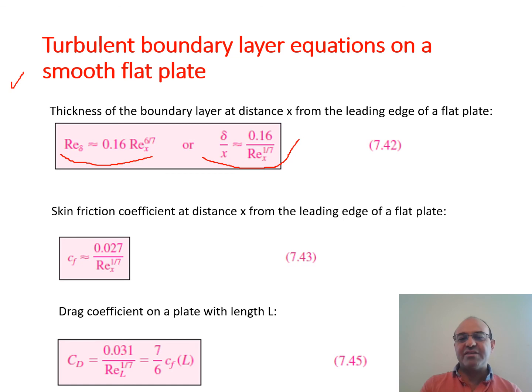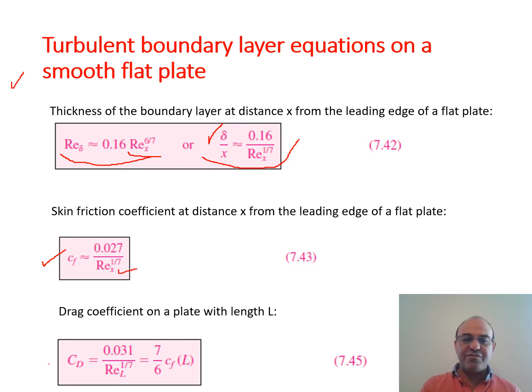This is also equivalent to this equation: Reynolds in terms of delta, the characteristic length, because Reynolds does have a characteristic length, right? So Reynolds in terms of delta is equal to 0.16 Reynolds in terms of x to the power of 6/7. Usually this is the preferred form of using this equation to find delta. Similar equations exist for skin friction coefficient CF at a given x, but with different coefficients and a different power of the Reynolds number, 1/7.